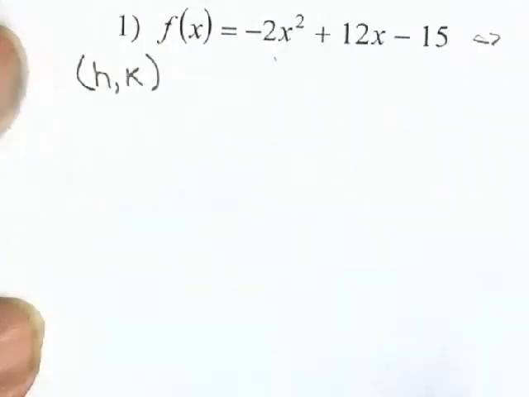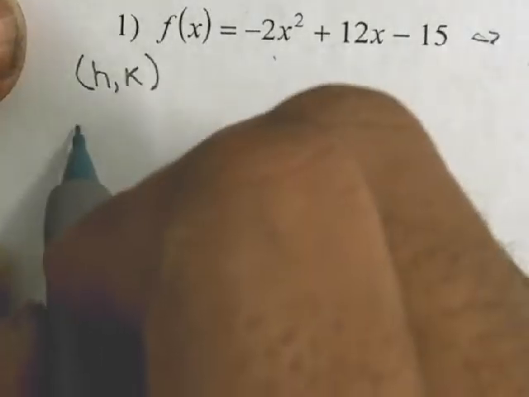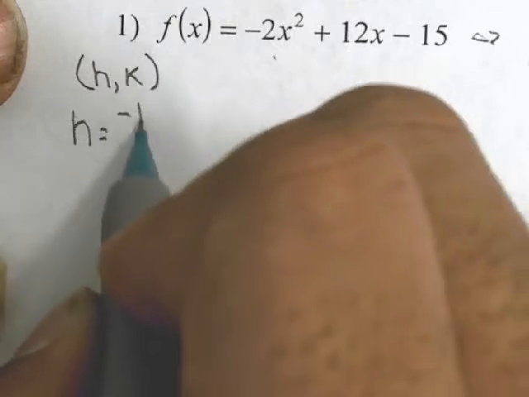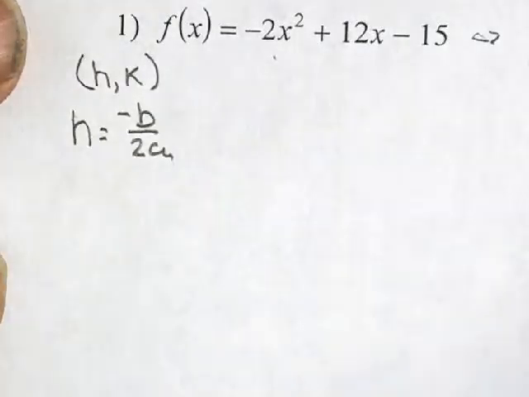Now, you have to remember this, and this is on your star reference chart. It says the axis of symmetry on the star chart, but we can say this: h is equal to the opposite of b over 2a. Alright.